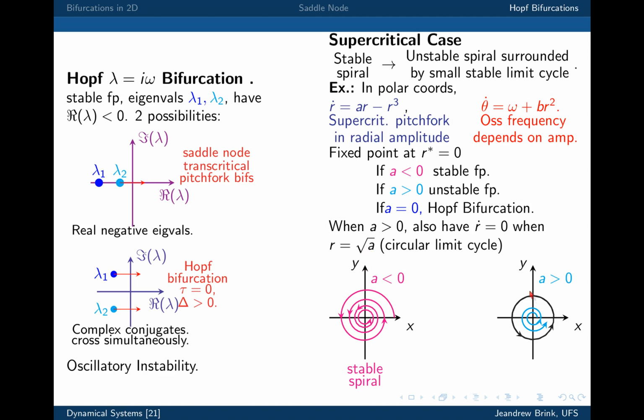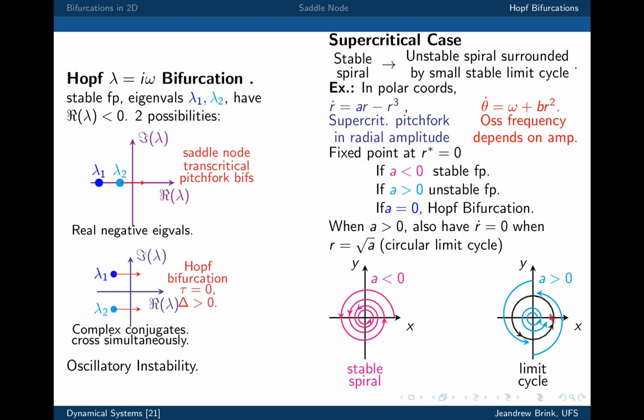So there's our limit cycle. And then for big r, it's actually going to spiral towards the limit cycle. All of this comes from the fact that this is what determines your radius's evolution, and your angular evolution is basically going around positively with an increasing frequency as r increases.